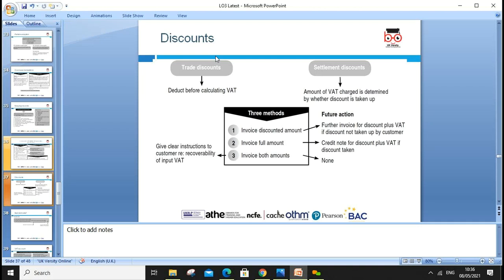And HMRC used to lose a lot of money, millions they lost, and they changed the rule back in 2016-17. So now the rule is every invoice you include the full VAT, and if somebody claims it and pays you early and you provide them a discount, then you just minus it from it. Yes, that's all. We have new rules now.